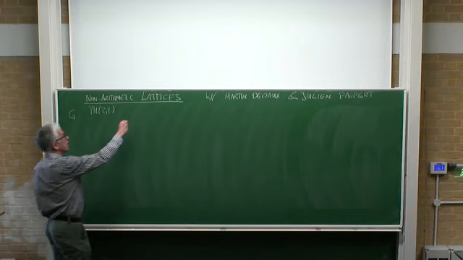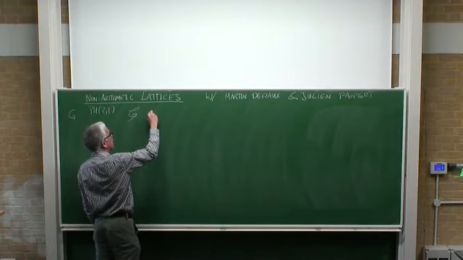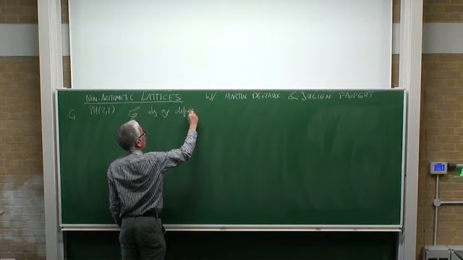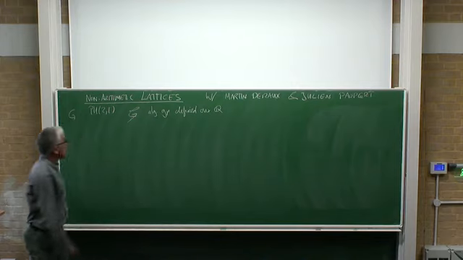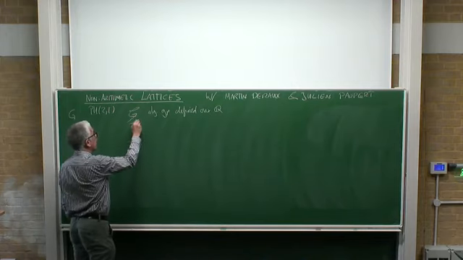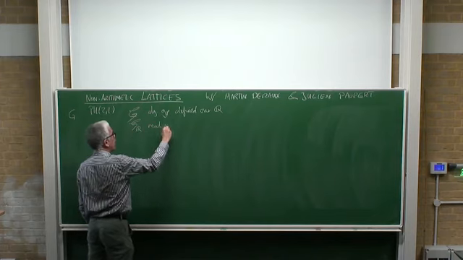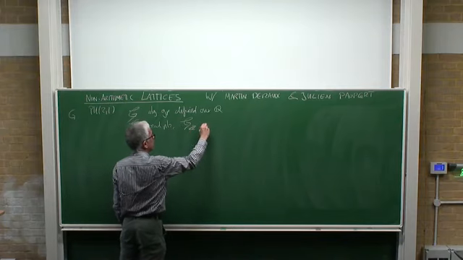And I'm going to then think of curly G, which is going to be an algebraic group defined over Q. I'm going to have G_R, the real points, and G_Z, the integer points.